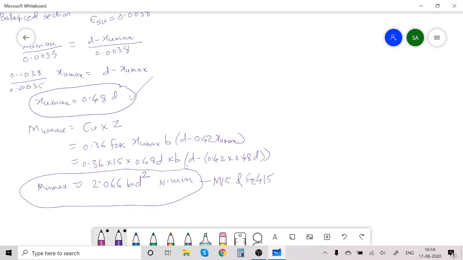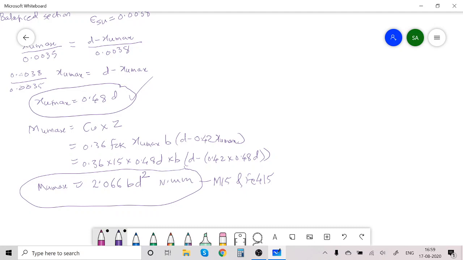Small d is 400. Sorry, it is not given. We are finding in terms of b and d, so keep d as it is. Then again Xu max is 0.48 d. So simplify this. You will get Mu max in terms of b d square, that is 2.066 b d square.